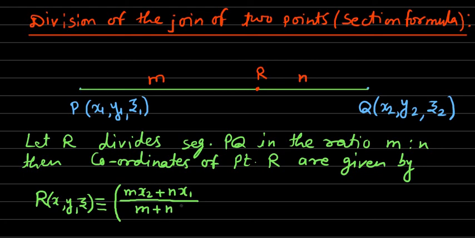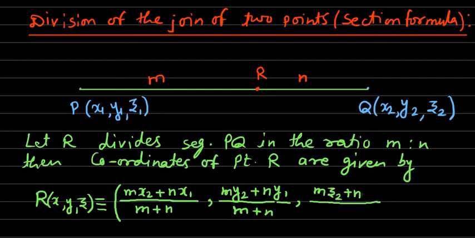Then similarly, the formula for the y coordinate will be my2 plus ny1 upon m plus n. Next, the z coordinate of the point R will be given by the formula mz2 plus nz1 upon m plus n.